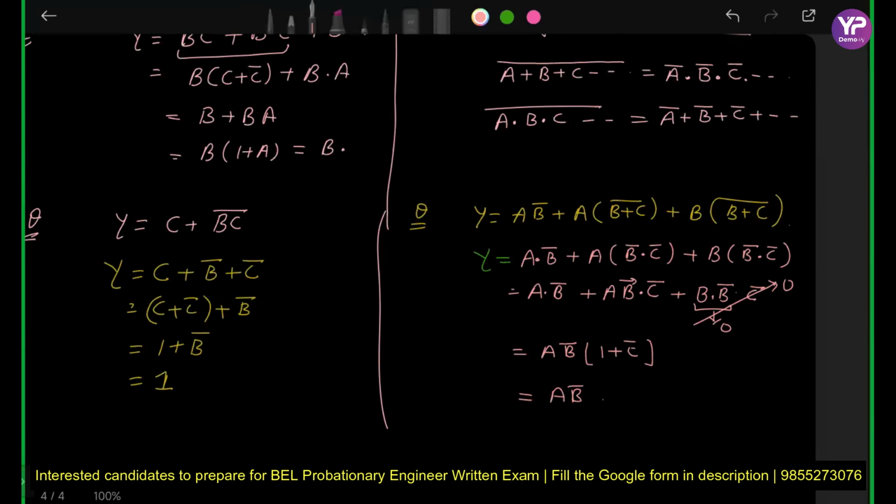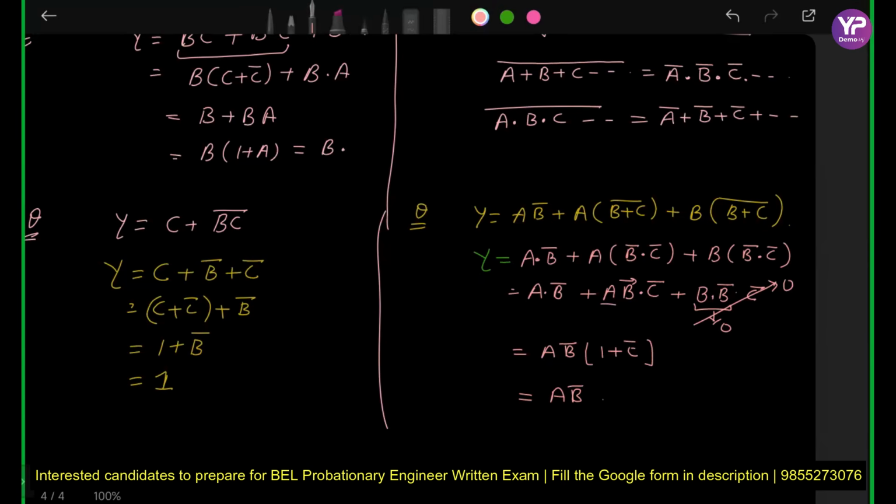Check and tell me, everyone understood? Anyone have any doubt, then please ask. I will repeat that thing again. Yes, sir, I have doubt. Yes, please. Sir, in the second step, A into B bar into C bar is there, na, sir?